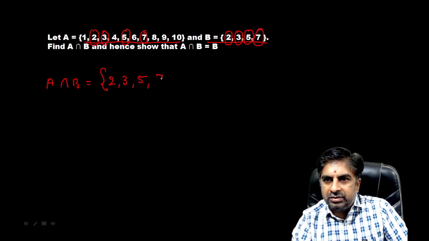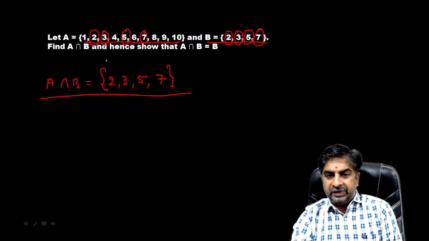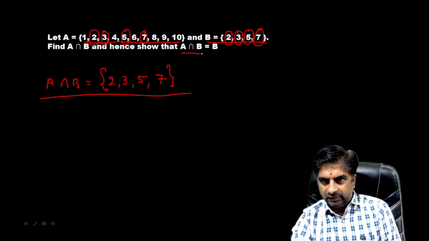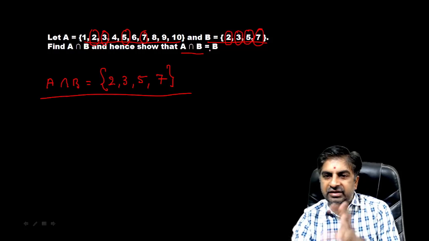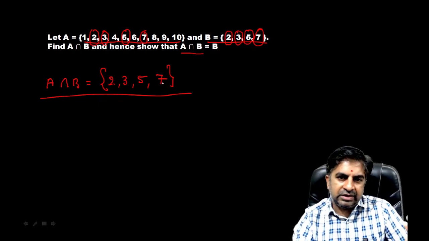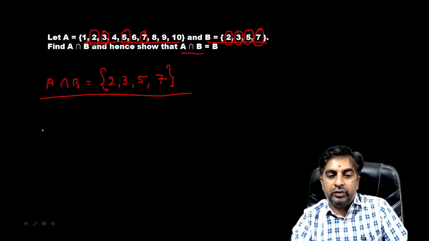All the elements of B are inside A. So you can say, sometimes, not every time, but in this case, A intersection B is equal to B. If they ask you to prove that, you can prove it like this. Otherwise, if they say find A intersection B, directly you can find it and show them.